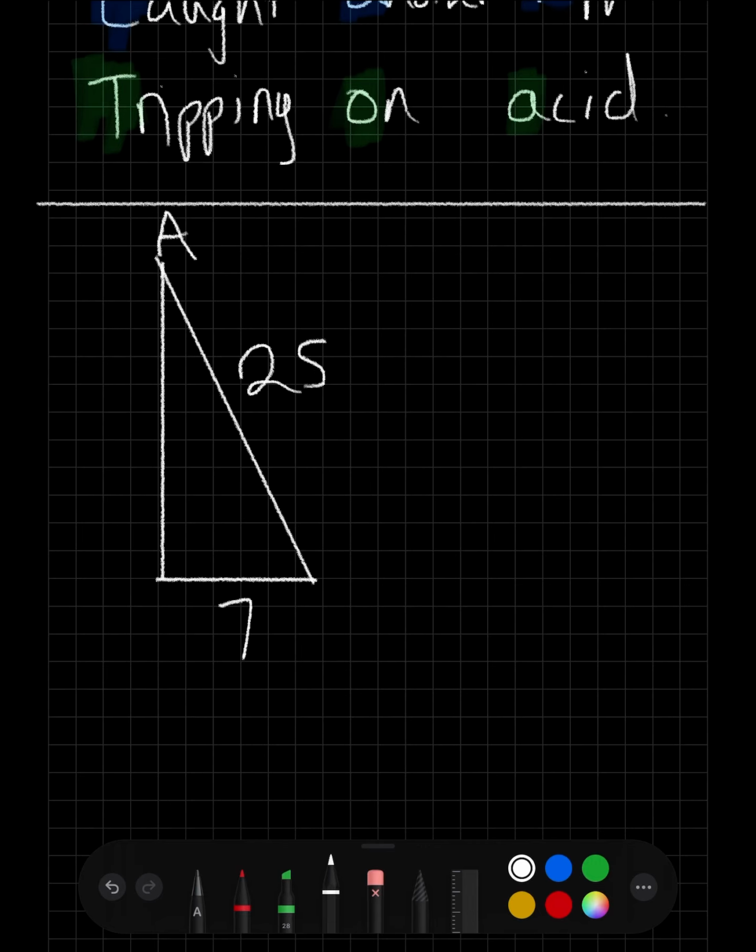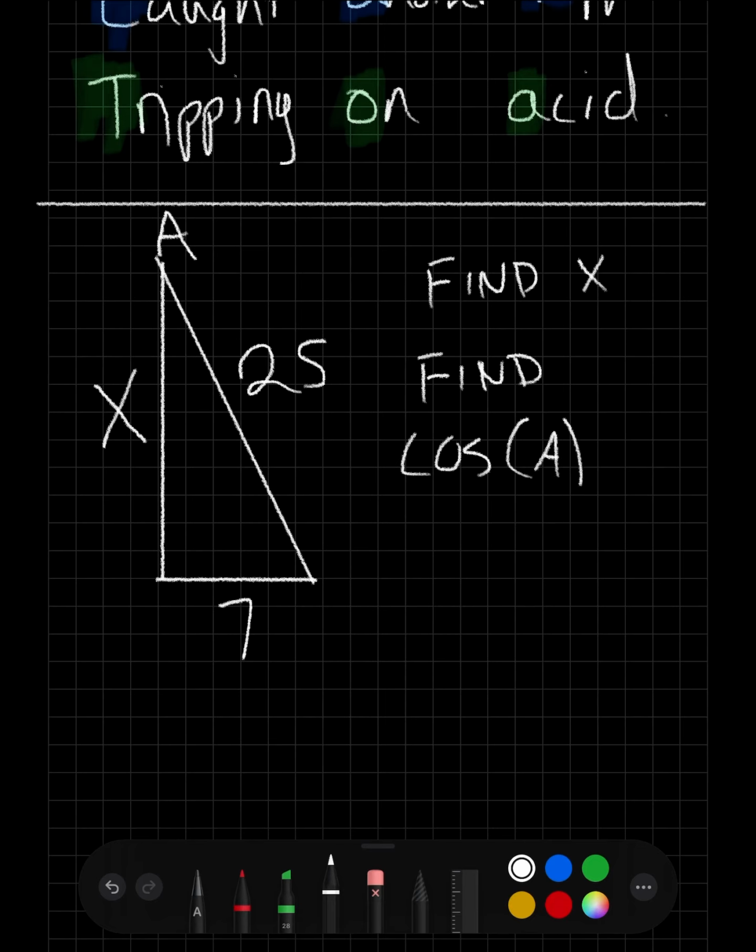We'll name this missing leg x. So let's say we can do a few things in this triangle. We can find x, and we can find the cosine of A and the tangent of A.